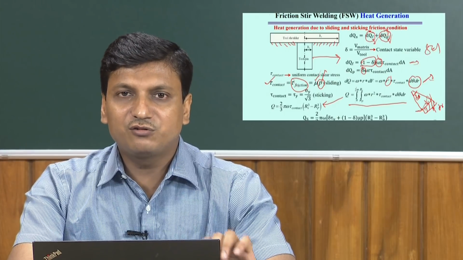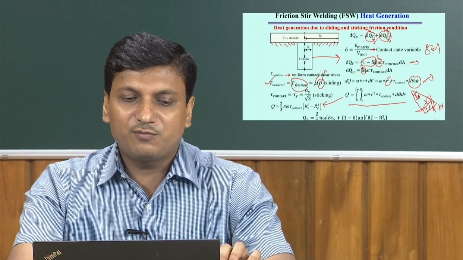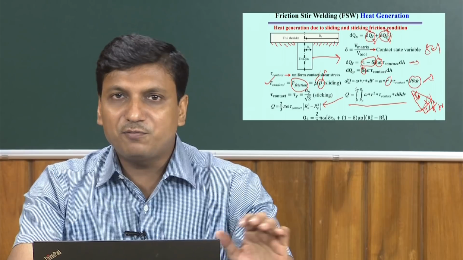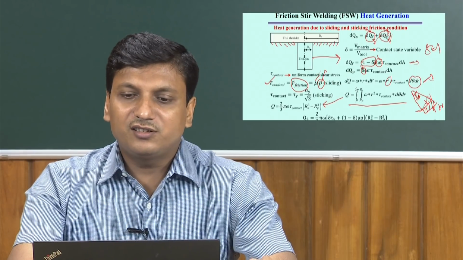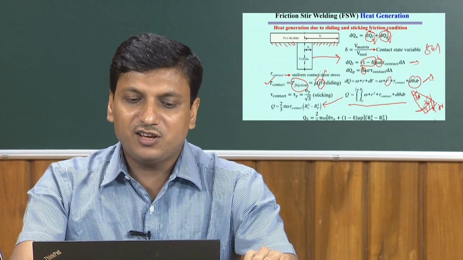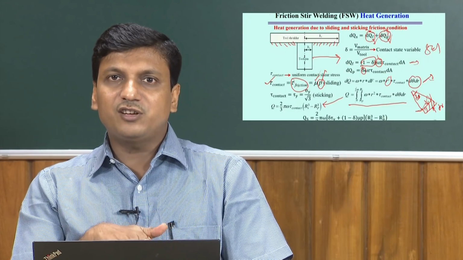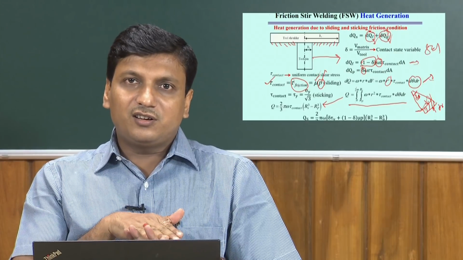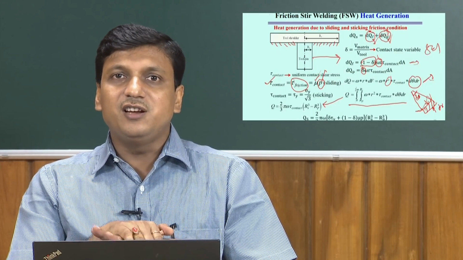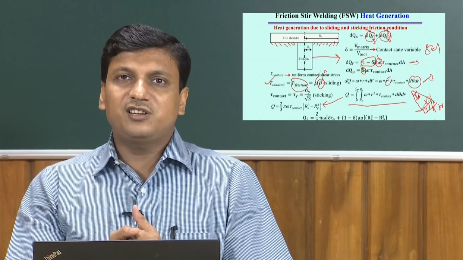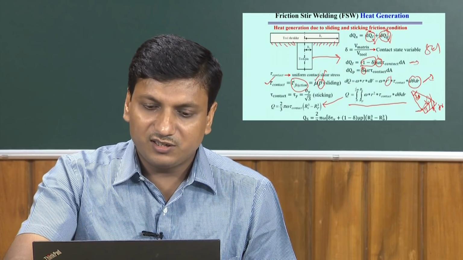So, tau contact should be replaced by this for the sliding conditions, and for the part where the sticking condition prevails, since we have assumed the sticking condition, it is reasonable to assume the shear stress value is equal to the yield shear stress value. So, yield shear stress is better represented by the sticking condition.